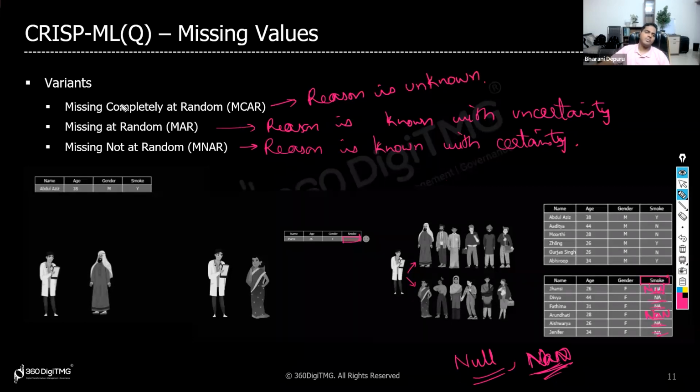So why the values are missing in missing completely at random, you don't know. Missing at random, yes, the reason is known with uncertainty. There'll be some uncertainty. And missing not at random means the reason for why the value is missing is known with certainty, you know that. So these are the three variants which we have.